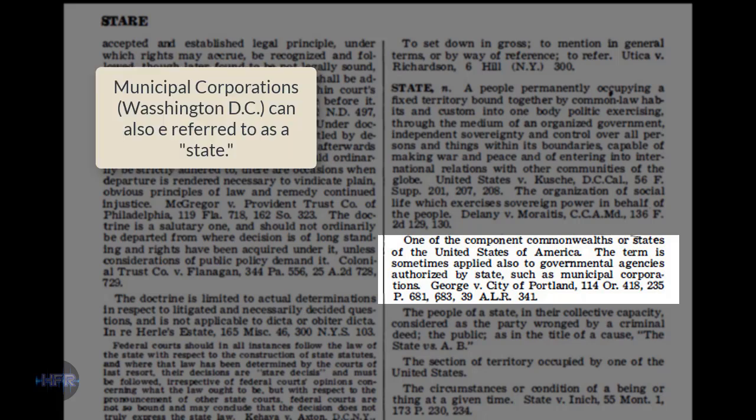The term is sometimes applied also to governmental agencies authorized by state, such as municipal corporations. So sometimes this term state is a municipal corporation called a state, like U.S. Corp, or like state of Georgia, state of Illinois. That's something for you to think about.